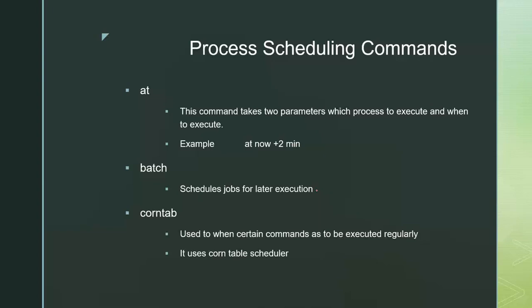Using commands, we can also mention at what time the process should start. Those things can be provided with the help of the command called the at command. This command takes two parameters: which process to execute and when to execute.